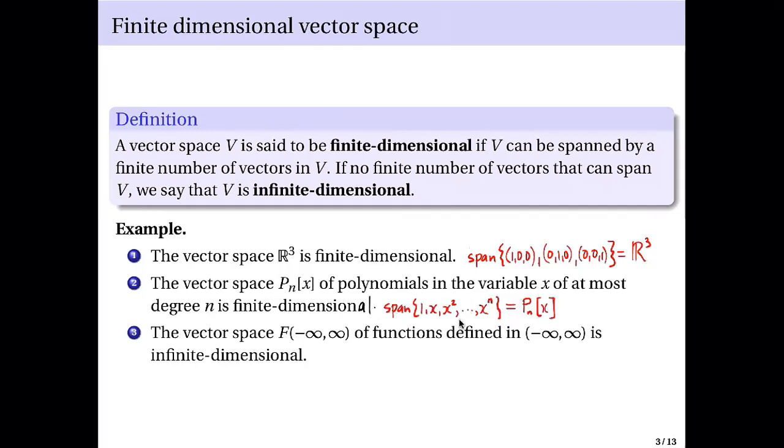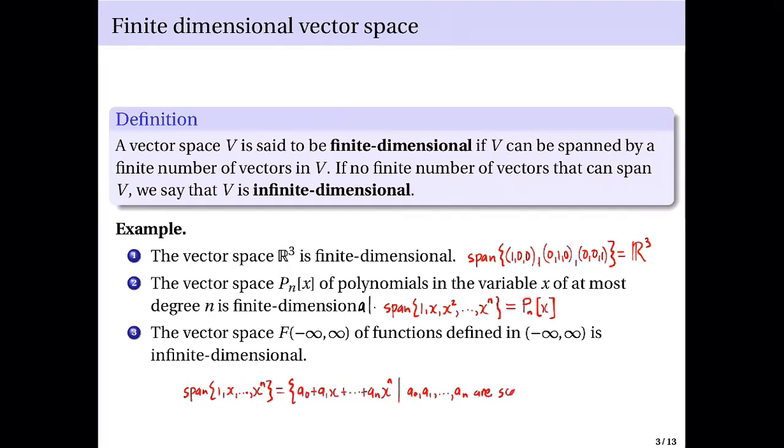The span of 1, x, until x to the n, these are all polynomials: a sub 0 plus a sub 1 x plus until a sub n x to the n, such that a0, a1, etc. until an are scalars. That's your span.